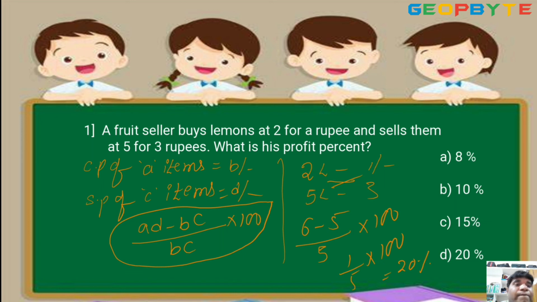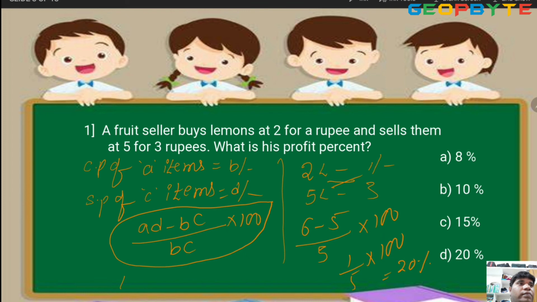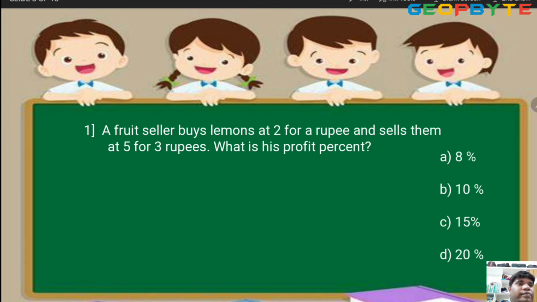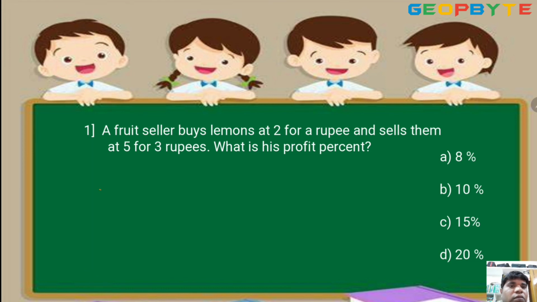Okay, children. Once again, I will explain the original method. Cost price of 2 lemons is 1 rupee, 1 lemon 1 by 2.